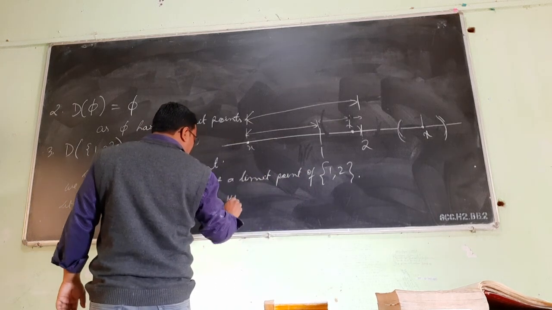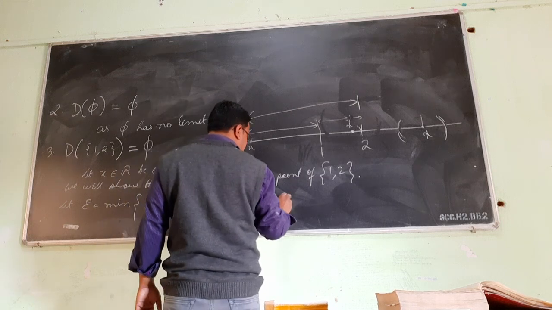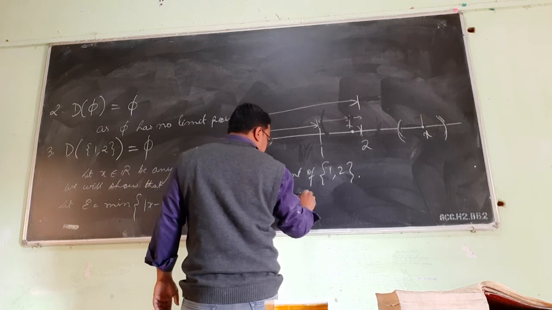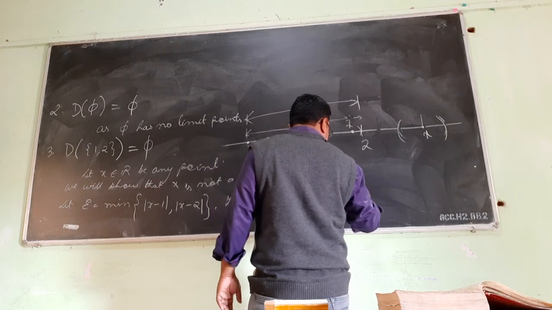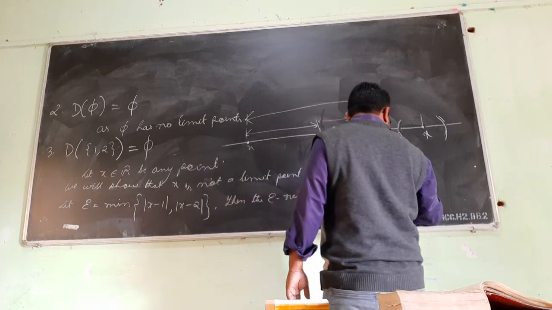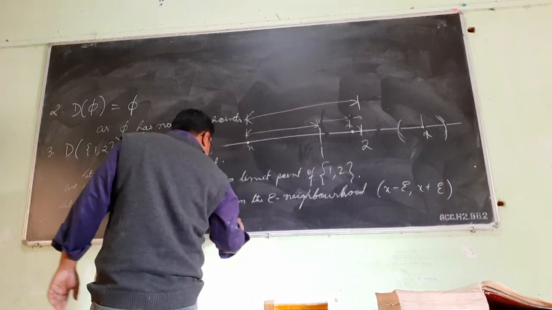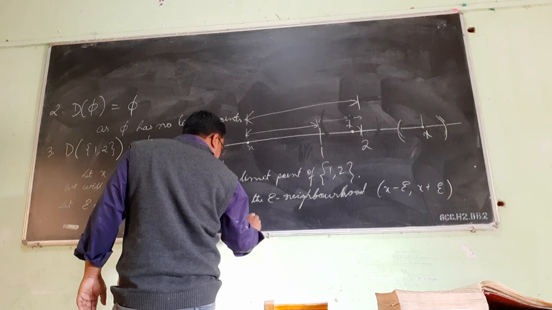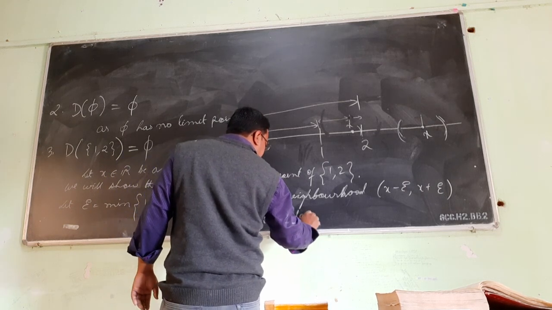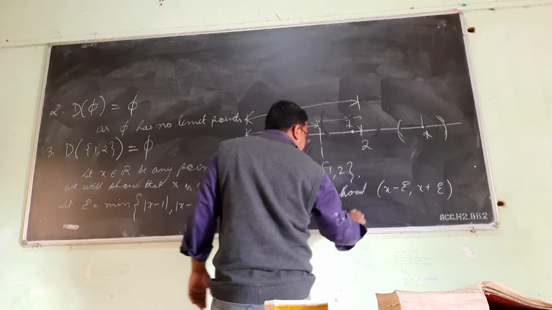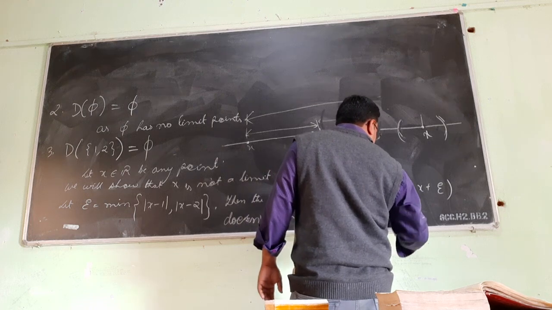Then the epsilon neighborhood, x minus epsilon to x plus epsilon, does not contain any point of this set.